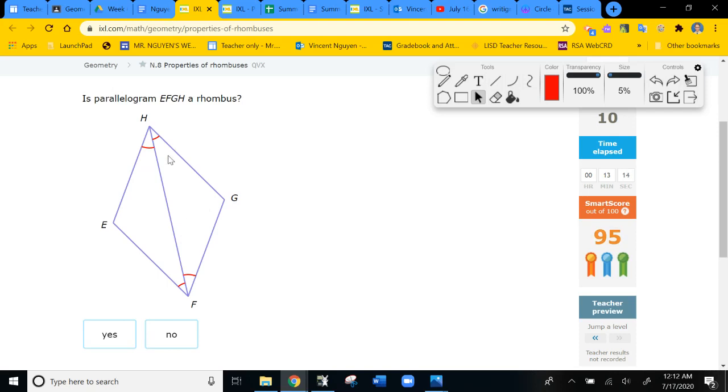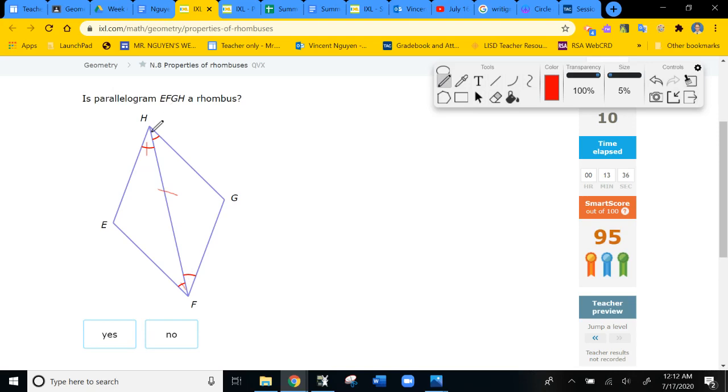So what do we say? Can we prove that these two triangles, EFH and GHF, are actually congruent? Well, this is angle, side, angle.